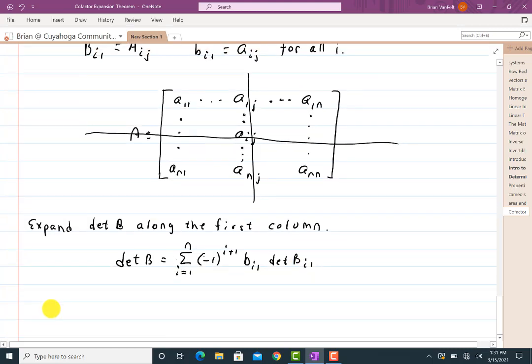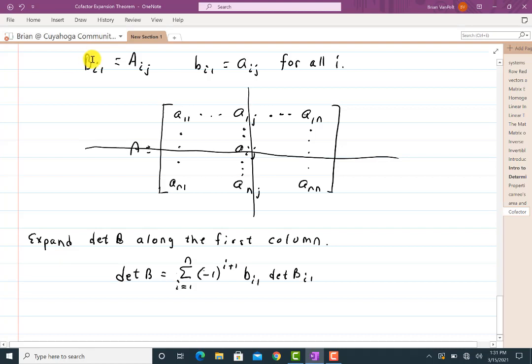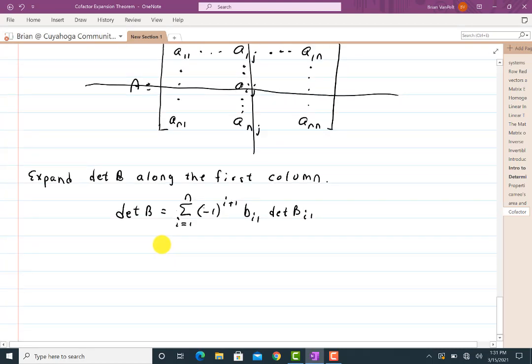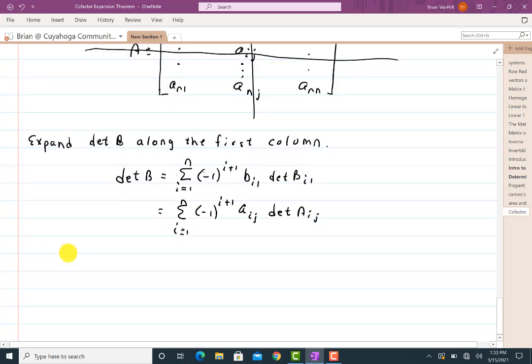Now, based on what I said before, these things right here, I can just substitute them in. So we almost got what we want.